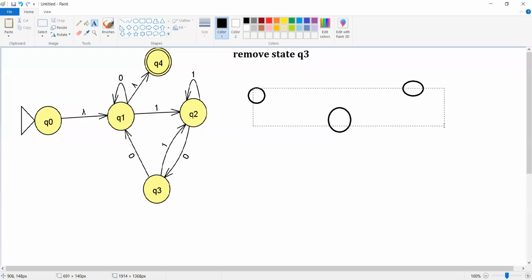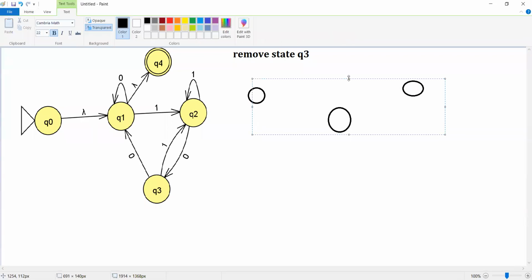So this will be Q1, this will be Q2 state, and this will be Q3.